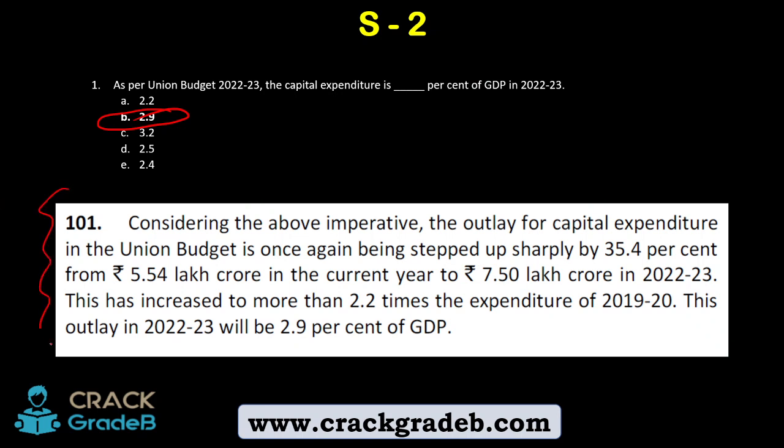You already know, and if you do not know, we have a video on the YouTube channel where all these terms have been explained, under fiscal policy. If you are not able to find that, then there is also a video on the budget, so you can go ahead and watch that as well for what is meant by capital expenditure. So it's 2.9% of the GDP.